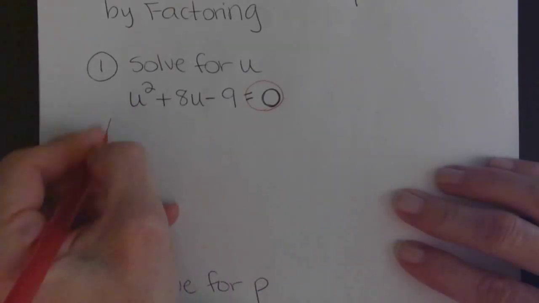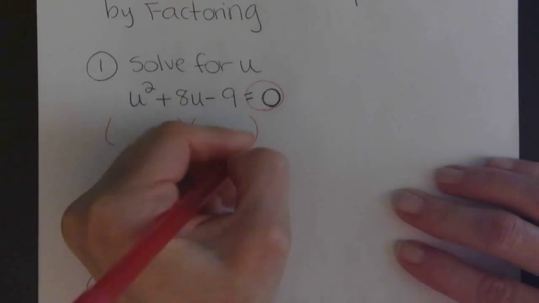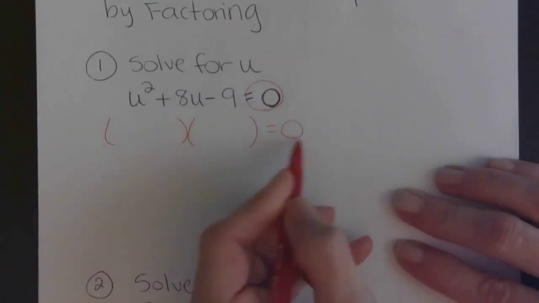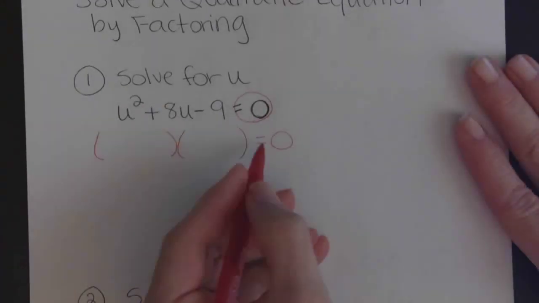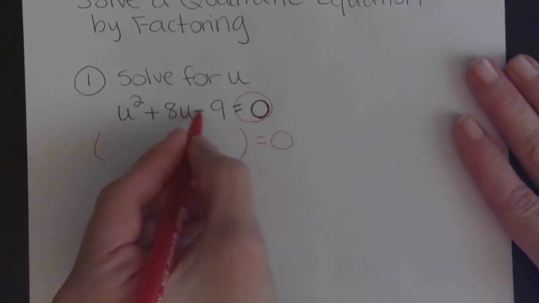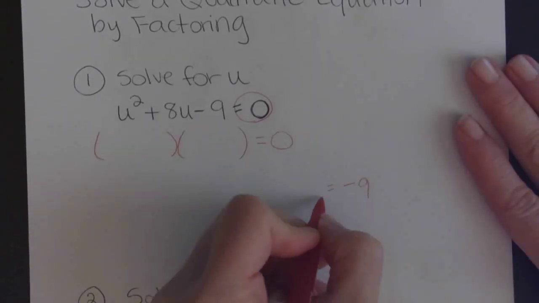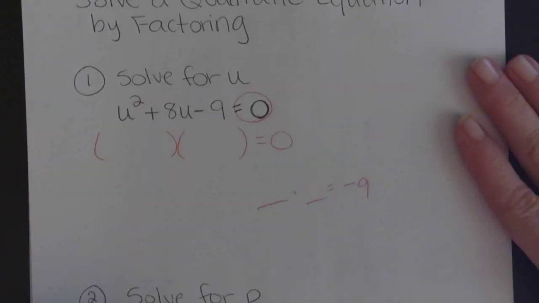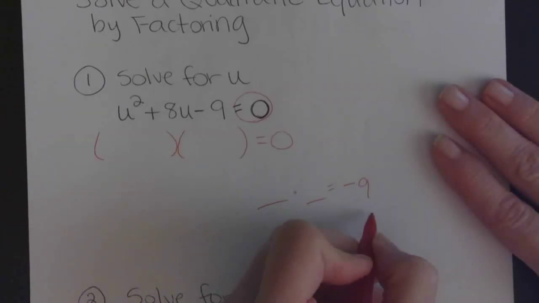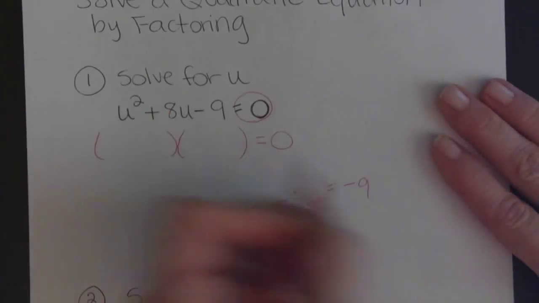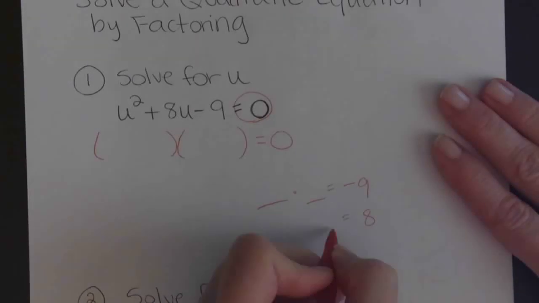We should be getting pretty used to this by now. We're going to be looking here in order to fill our parentheses, and just don't forget the equal 0. This is the new part. We are looking for 2 numbers that multiply to give us -9, but add to the middle, which is 8.